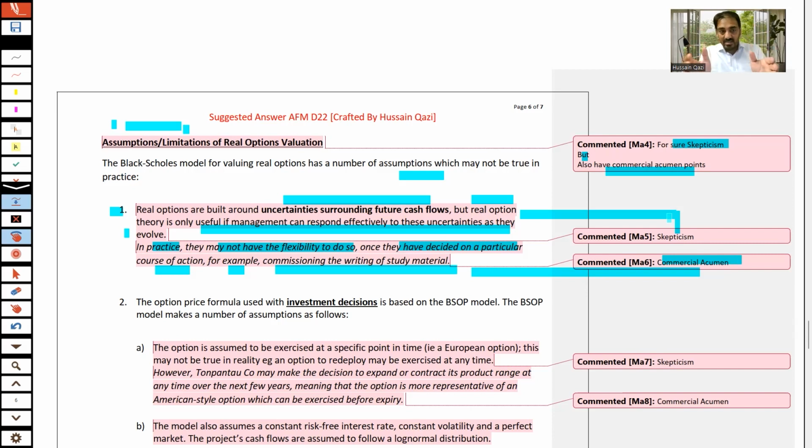And do remember that whenever you are explaining skepticism and commercial acumen, it's not compulsory; it is only with respect to the case. You can add an extra point which is not inside the case, but comes from your own knowledge, the application of the knowledge. The examiner allows you. But at this point, I must say one thing.